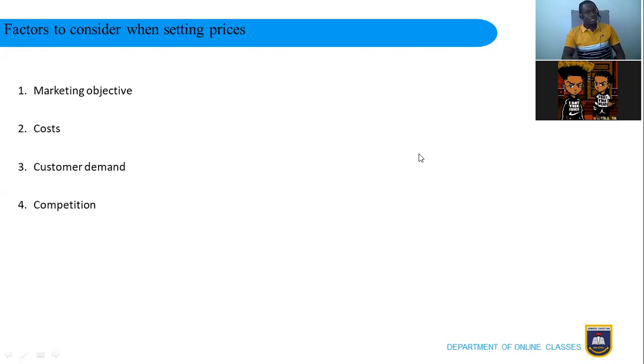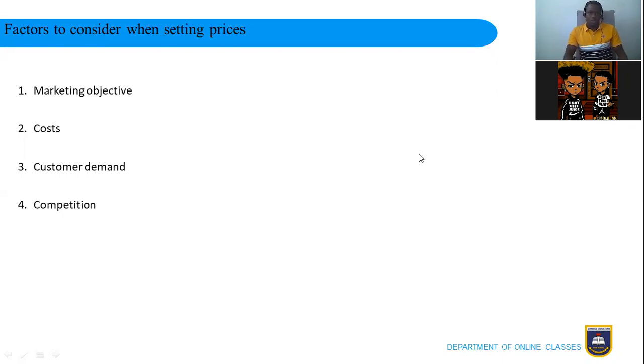But if the product is elastic, then the moment you increase the price, definitely some of your customers will have to run to your competitors, because your competitors are also offering the same or similar products or services.